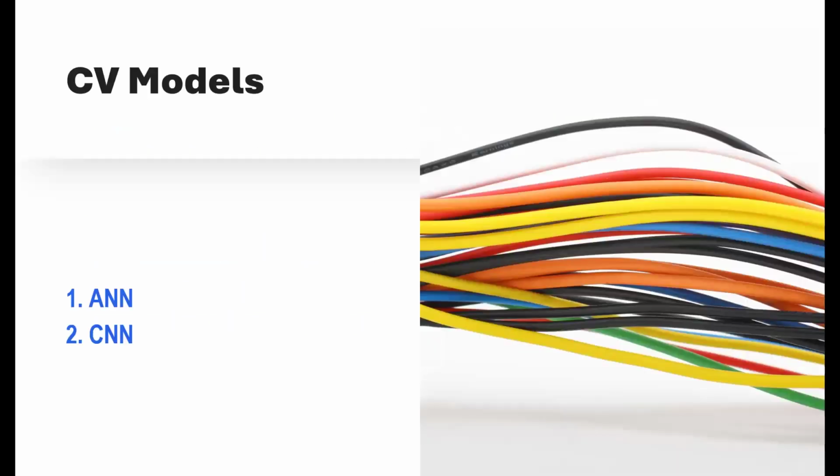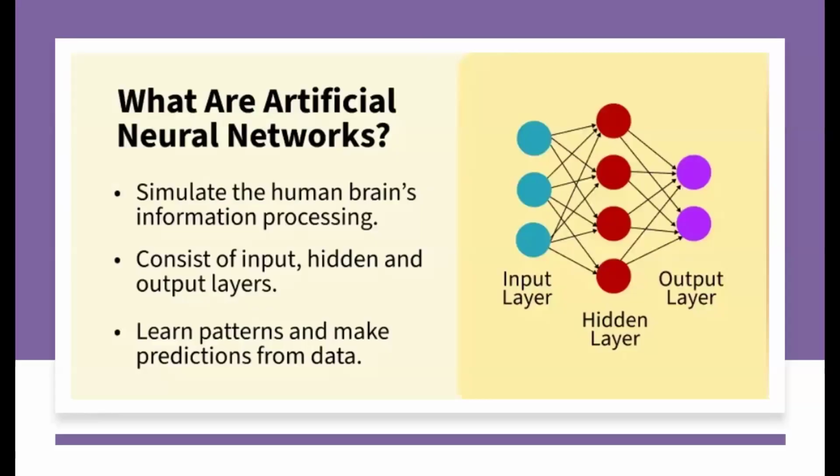Okay. So computer vision models. That is the different algorithms I was talking about. Mainly, we need to know two algorithms. First of all, we need to know ANN. ANN stands for artificial neural network. First of all, we need to know what an artificial neural network is and how we get the result.